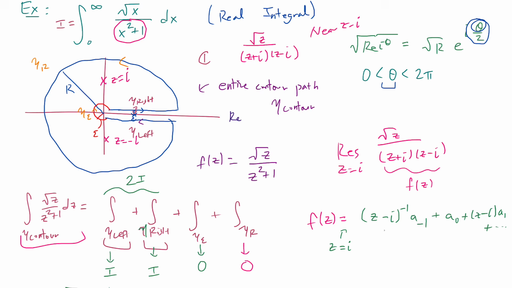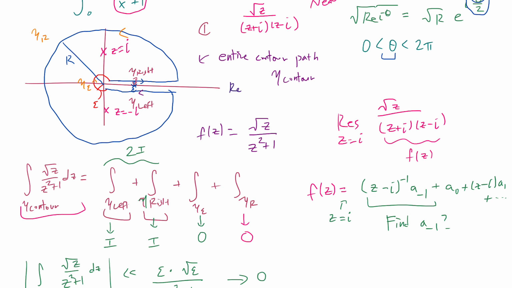So we know it's a simple pole, it's (z minus i) to the minus 1 times a minus 1, and the question is, how do you find a minus 1? Since this is a simple pole, there's an easy trick: multiply both sides by z minus i. Then (z minus i) times f of z is equal to a minus 1 plus a naught (z minus i) plus a1 (z minus i) squared, and so on.